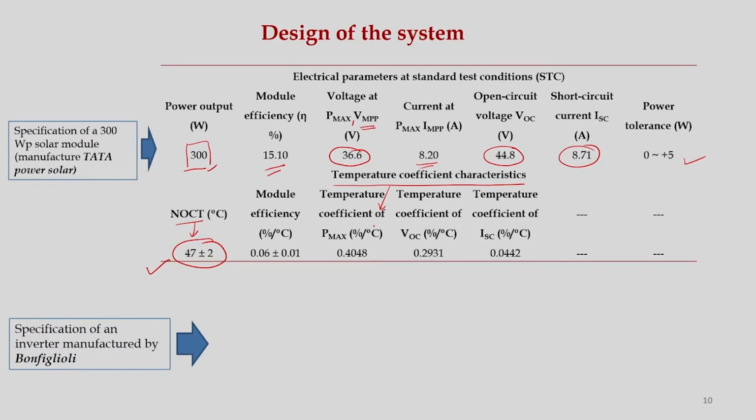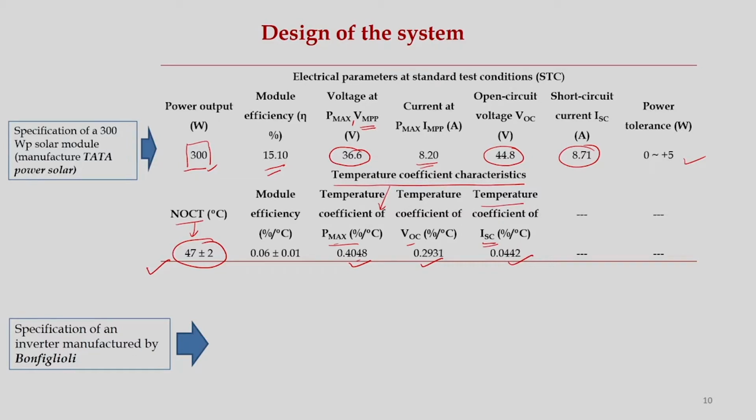So, the temperature coefficient of P max is something like this, 0.4048, the temperature coefficient of open circuit voltage is something like this, and the temperature coefficient for short circuit current is something like this.